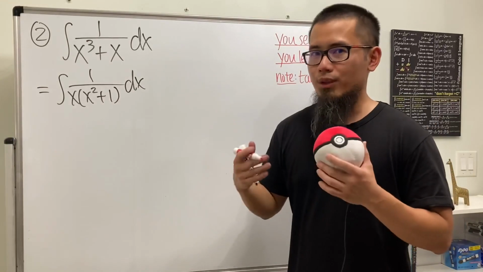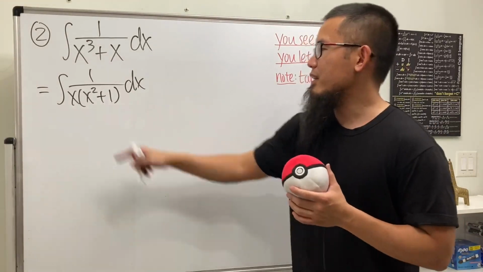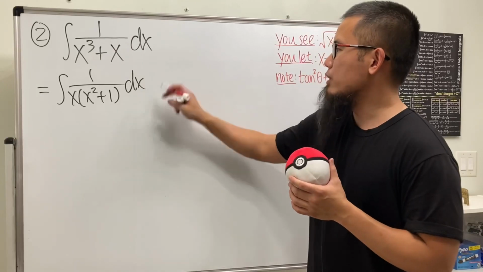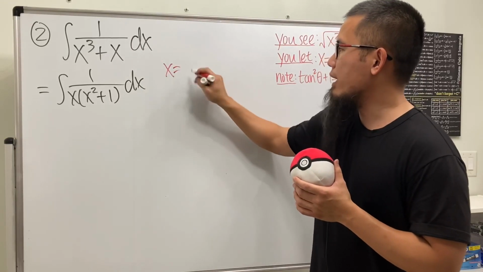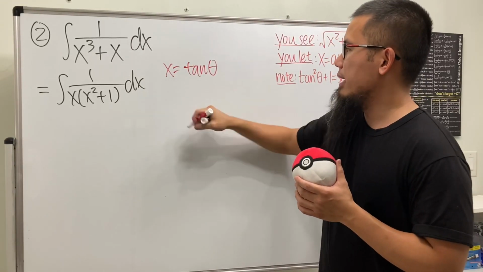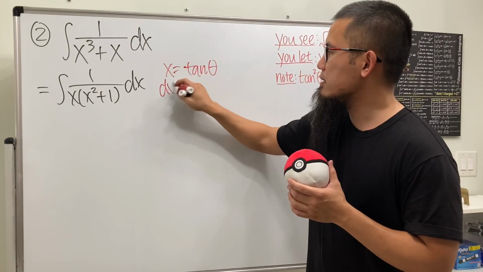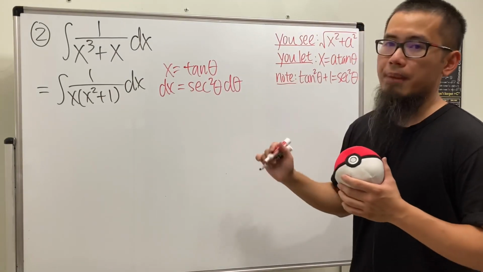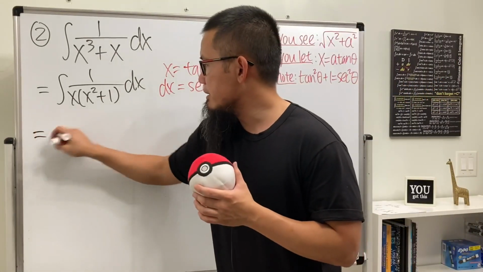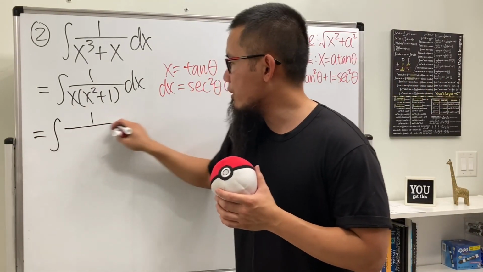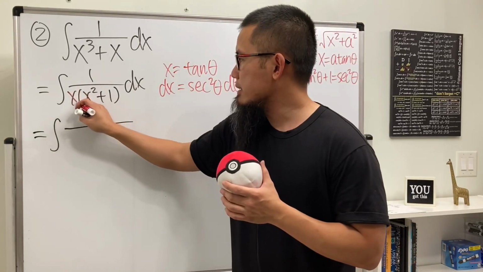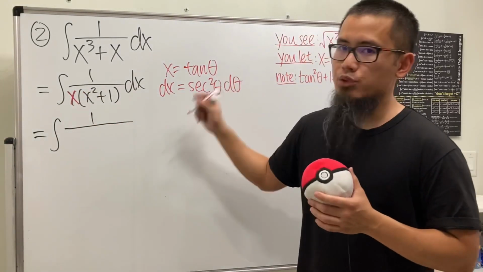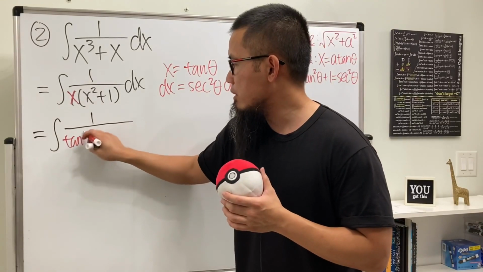From here, we can do trig sub. Here, the a is 1, so I will just go ahead and say x equal 1 times tangent theta, and then the usual business, dx is just going to be secant squared theta d theta. Okay, here is the integral. We have 1 over, here we have x, which is tangent theta, so let's put that down.